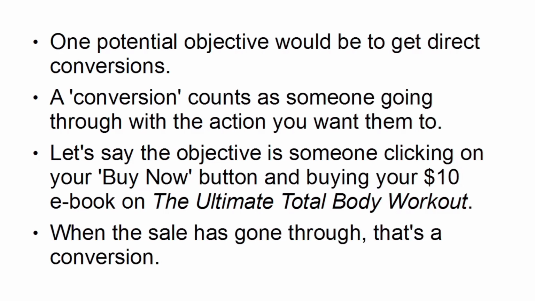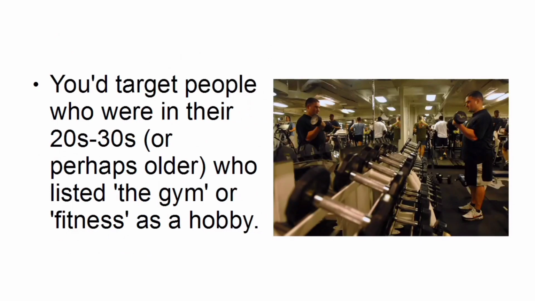When the sale has gone through, that's a conversion. So it's making a direct sale from your website via a Facebook ad. Fairly straightforward. For this ad, you would target people who were in their 20s or 30s, or perhaps older, who listed the gym or fitness as a hobby in their Facebook profile.